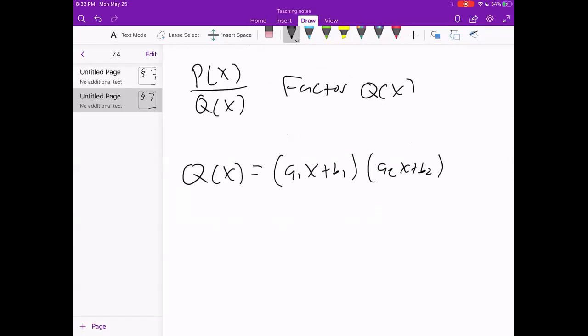We could have powers, like an ax plus b squared, and so on and so forth. There might be an a_k x squared plus b_k x plus c_k, and so forth.